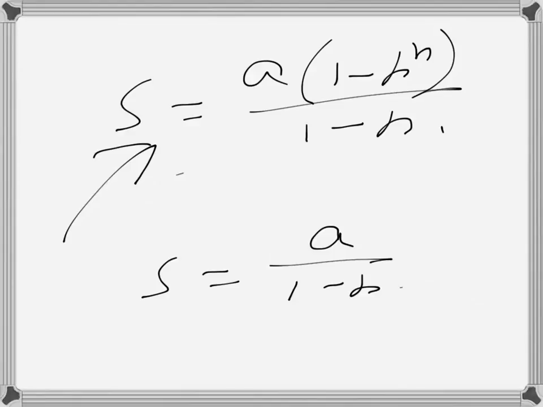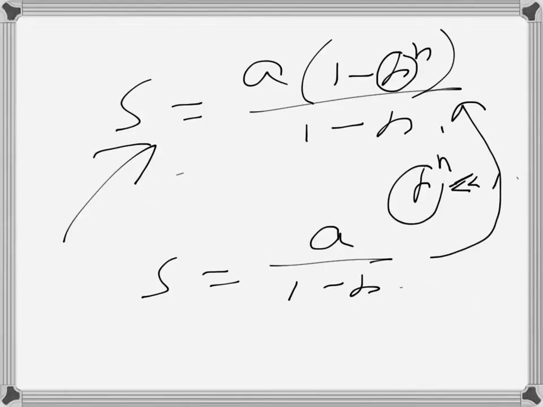We can actually derive this from the previous expression, because when r is less than 1 and n is very large, theoretically infinity, r to the power n will be very, very small, less than 1, approximately 0, because r is a fraction.